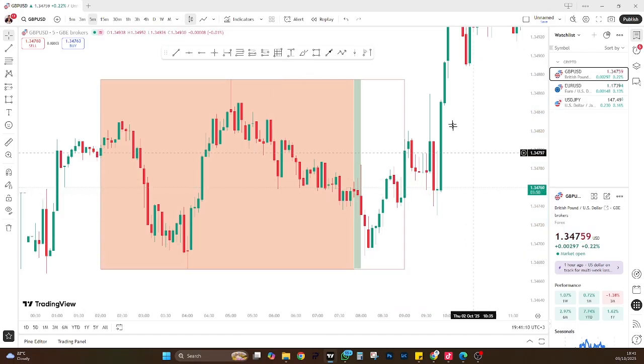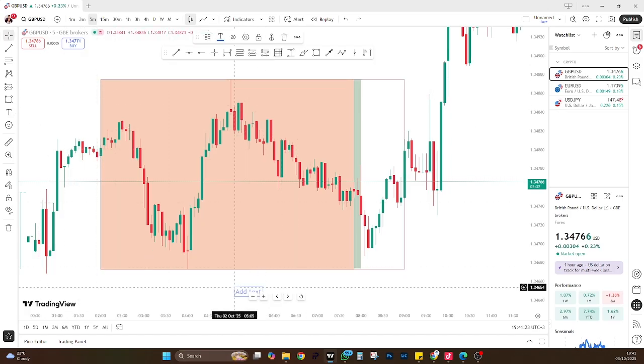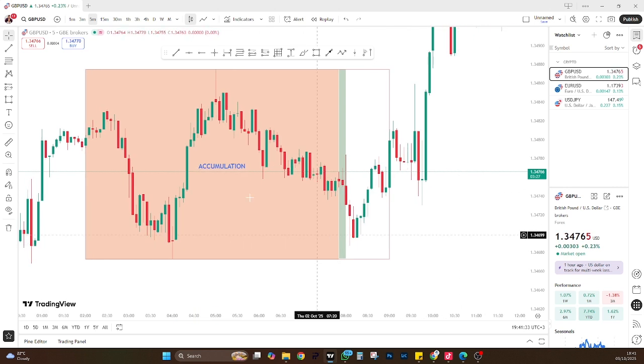Now, this is what we call the Asian range, or the accumulation stage. So all these from 2 to 9, this is accumulation. So we are looking at three things. It is called AMD.